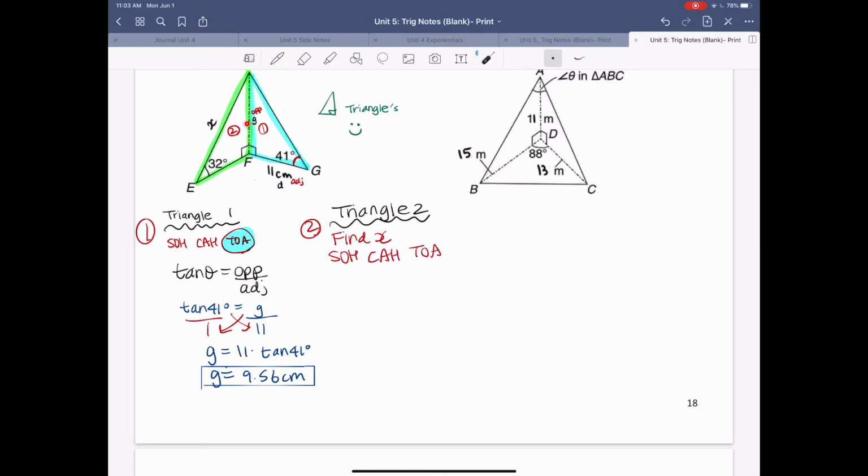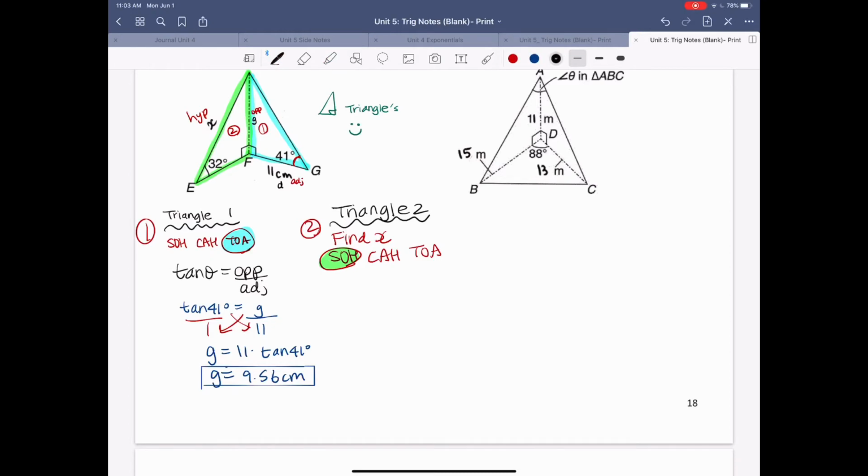So take a look. I have my G, and to my reference angle 32, my G is the opposite again, so I can keep that as is. I need to solve for my hypotenuse. When I'm dealing with opposite and hypotenuse, I see O and H within SO. So I'm going to go from there.